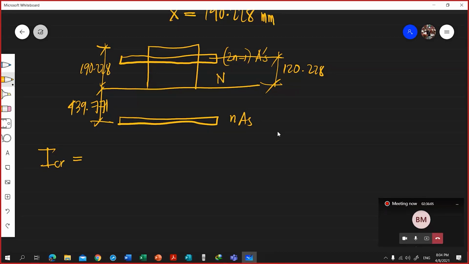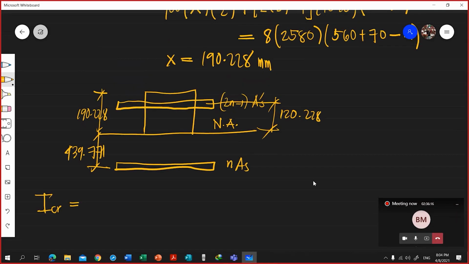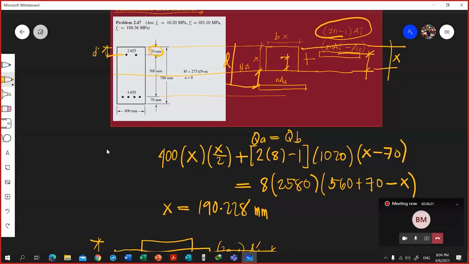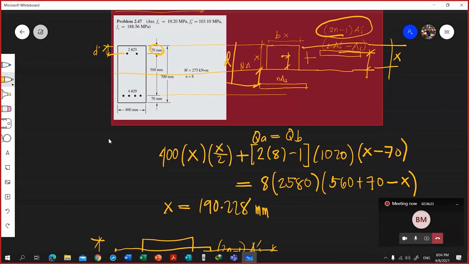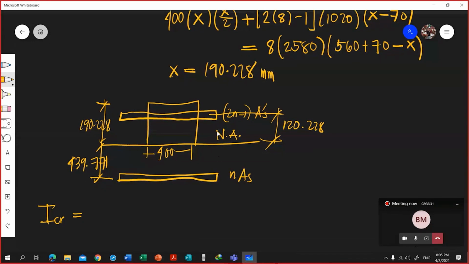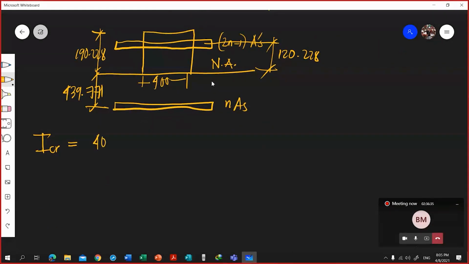This is your neutral axis. First is the block of the concrete in compression. Your dimension for that block: the width is 400 and your x is 190. So we have 400 base times h cube over 3, bh cube over 3.